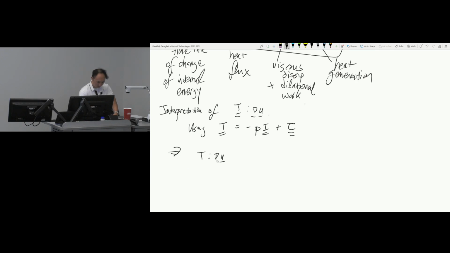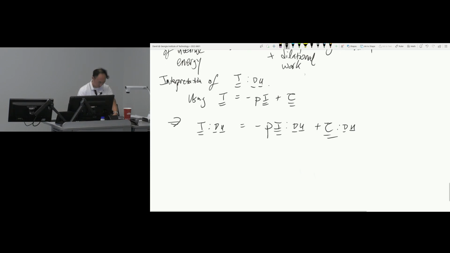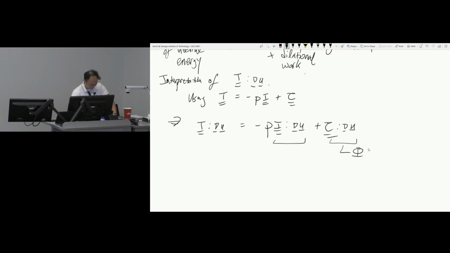T double dotted del U is going to be negative P I double dotted del U plus tau double dotted del U. This is a good index notation exercise. We don't have a tremendous amount of time, so I'm just going to tell you. So this is phi, equal to viscous dissipation.